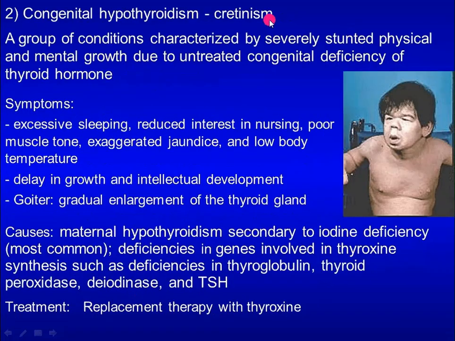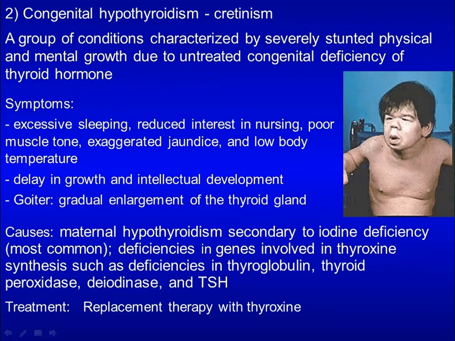Cretinism is a group of conditions characterized by severely stunted physical and mental growth due to untreated congenital deficiency of thyroid hormone. Children with this condition have excessive sleeping, reduced interest in nursing, poor muscle tone, and low body temperature.